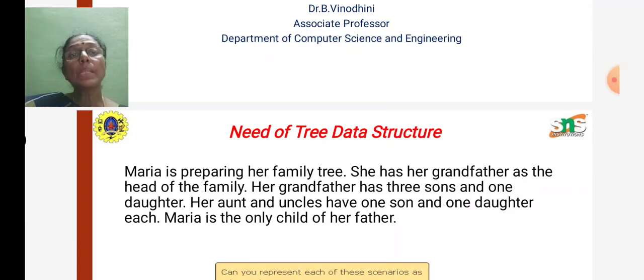For example, Maria is preparing her family tree. She has her grandfather as the head of the family. Her grandfather has three sons and one daughter. Her aunt and uncles have one son and one daughter each. Maria is the only child of her father. This is the statement, and from this type of statement we have to represent some data structure.